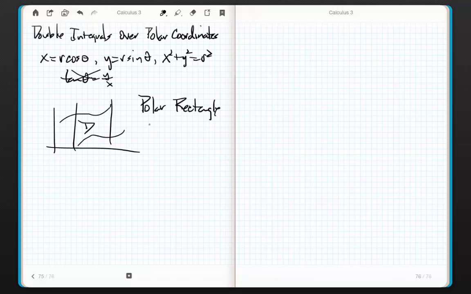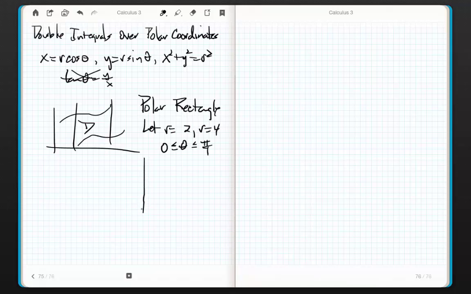So in other words, let's let r equal 2 and r equal 4, and we're going to have theta be between, I'm going to keep it simple, 0 and let's go pi fourths. Okay? So the polar rectangle is the region bounded by these values of r and theta.